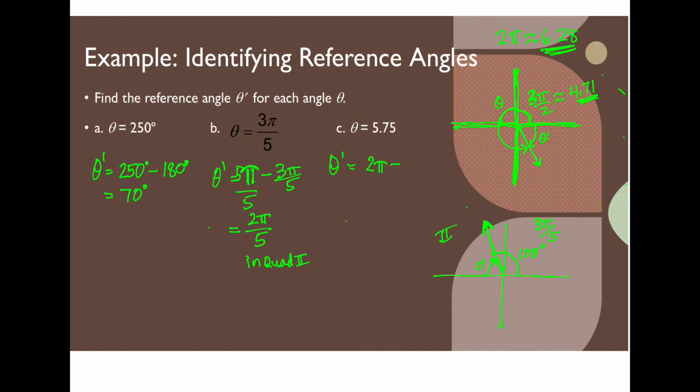In this case, our theta is 5.75. So 2 pi minus 5.75. We're just going to approximate this. So 6.28 minus 5.75. The theta prime is approximately 0.53.